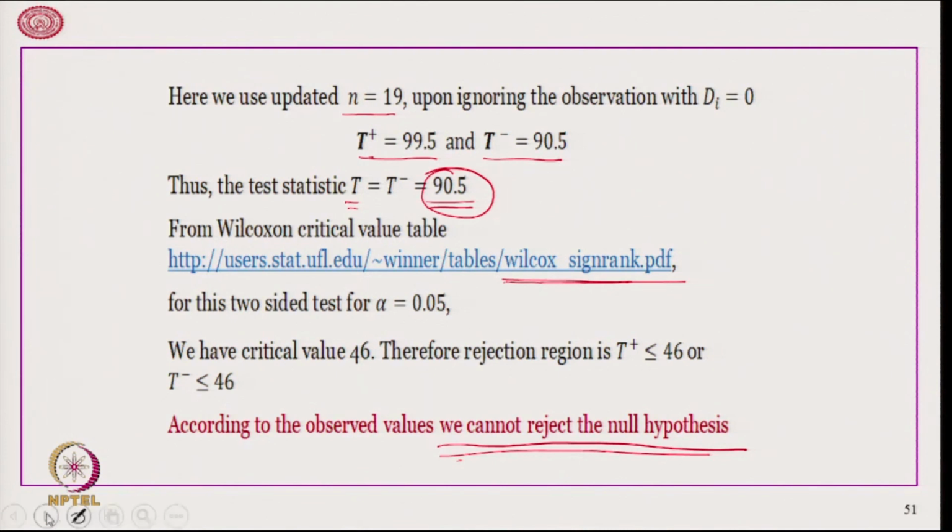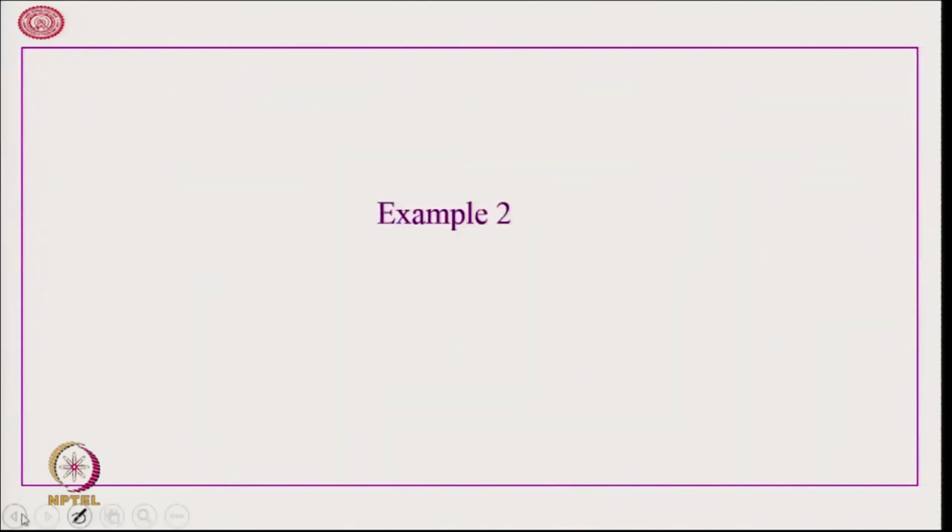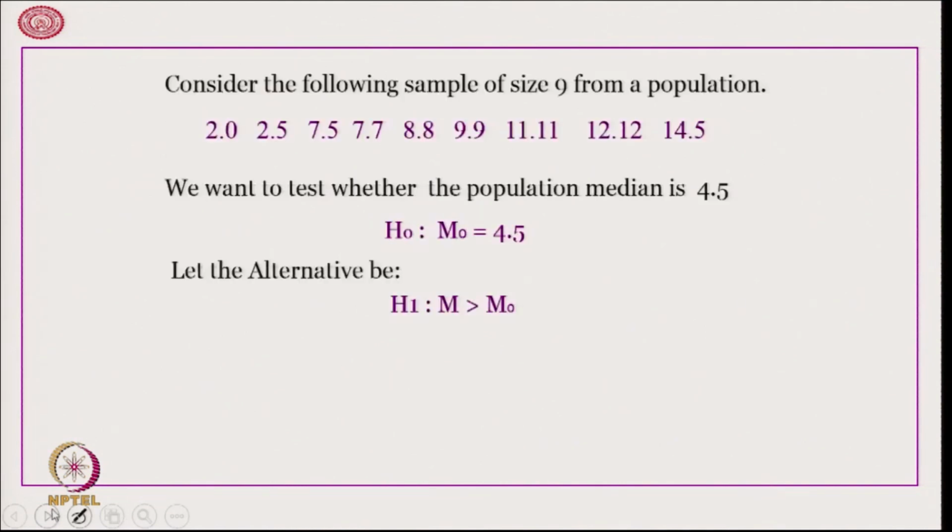Let me now give you a very interesting example involving the sign test and the signed rank test. Consider the following sample of size n from a population. The data points are 2, 2.5, 7.5 and so on up to 14.5, and we want to test whether the population median is 4.5.